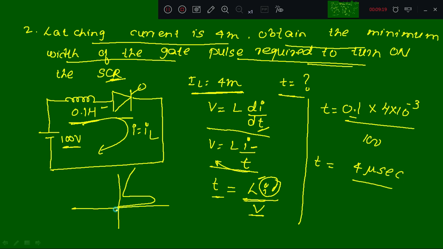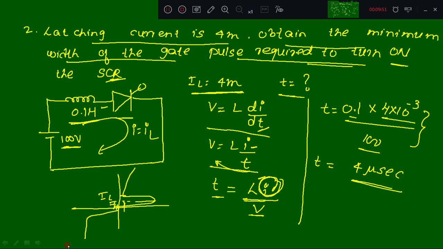This is an important parameter. What is latching current? This is the latching current, above which SCR will turn on. What is holding current? This is the holding current, below which SCR is off. They have given the SCR is on, means the current flowing in this circuit, this I, is the latching current. So this is replaced by the latching current. Voltage is given as 100 volt. If I enter this much value in the calculator, it becomes 4 microsecond.